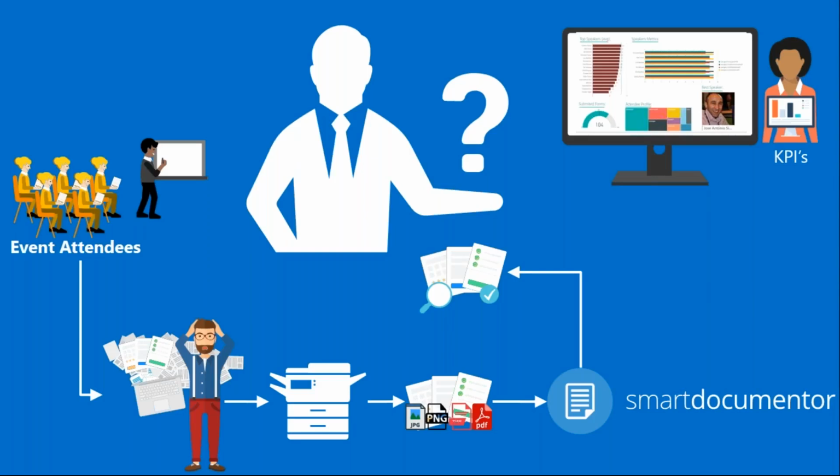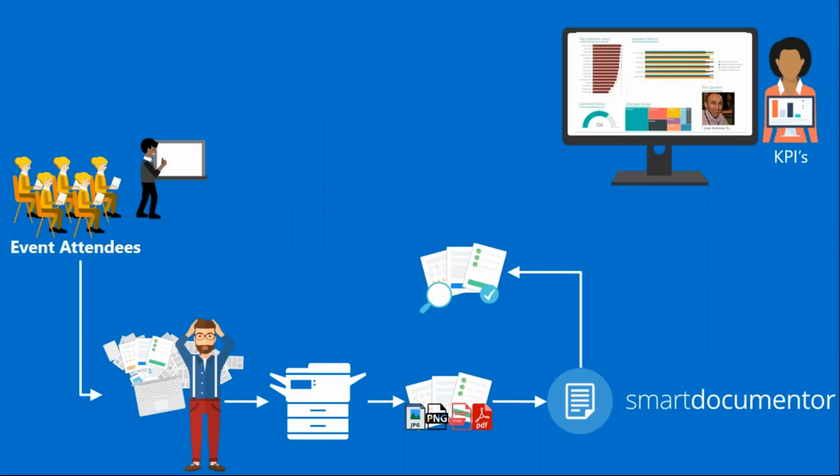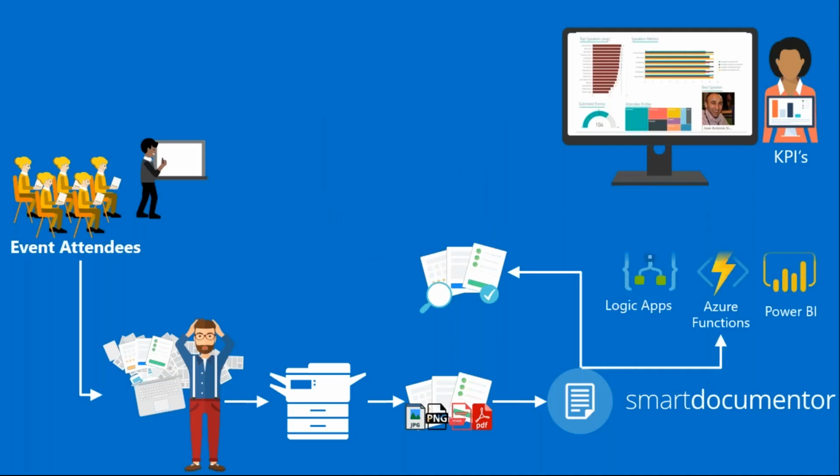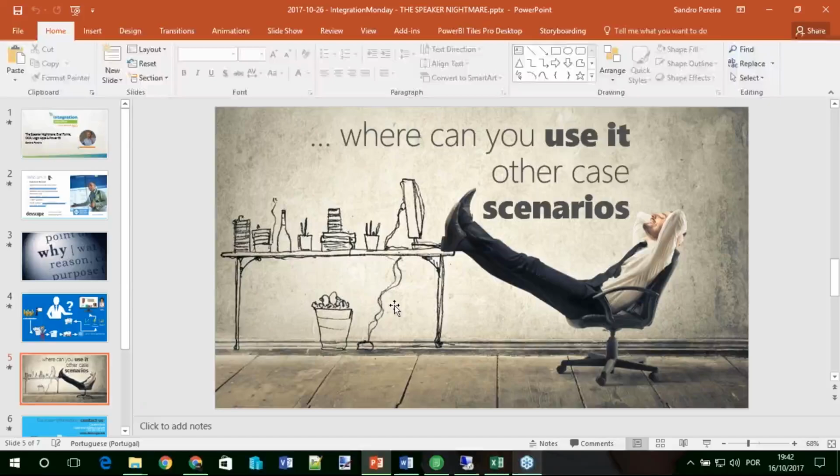So I want to easily, in 10 minutes or so, be able to connect my documents, my metadata with my systems. And for that, I use Logic Apps, as well as functions in Power BI. It allows me to easily integrate these systems. Let me show how easy it is.